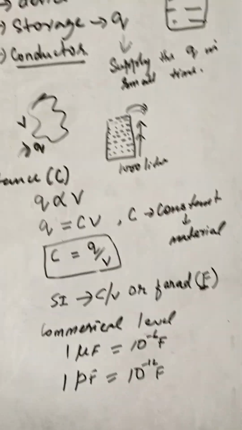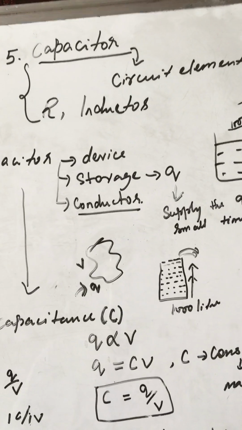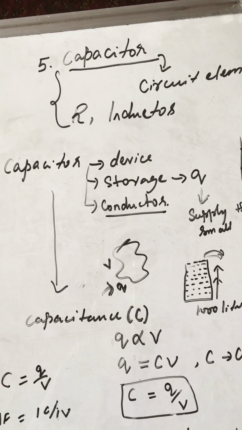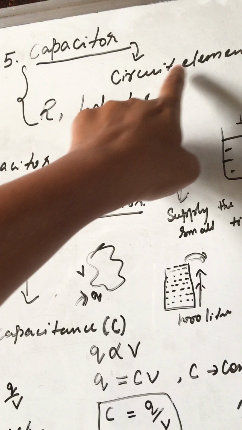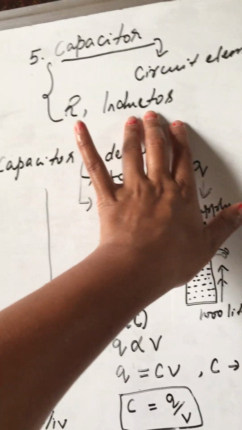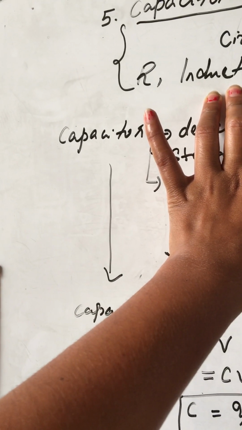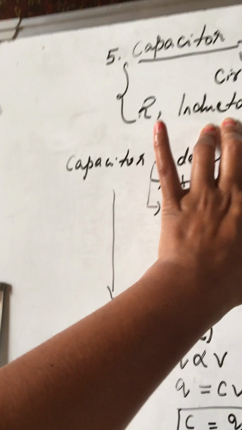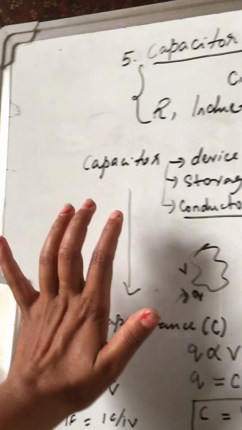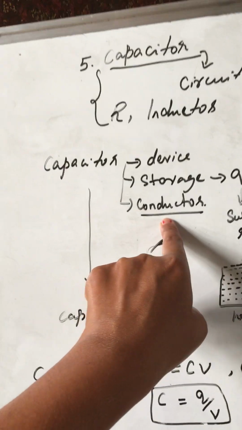So it's clear. Let me do the recapitulation. This video is about the introduction of capacitor. Capacitor is one of the circuit elements like the resistor and inductor. Inductor you are going to learn in unit number 4. Now capacitor is a storage device which is made from the conductor.